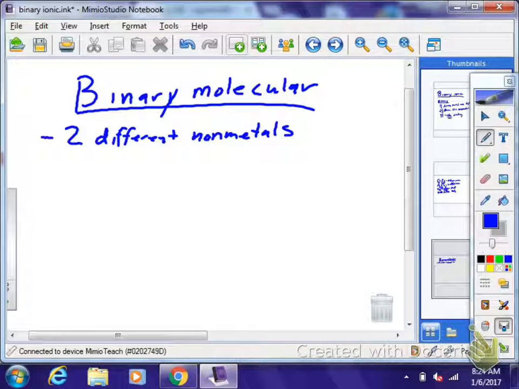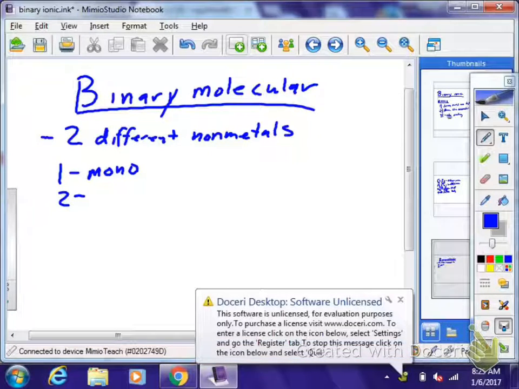So prefixes you'll have to know. And I think for the most part, you know most of these. You might have to work on some of them more than others. So 1 is mono. 2 is di, right? 3 is tri.